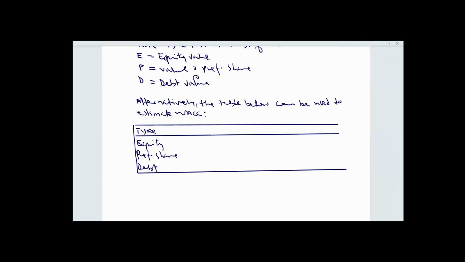Then we have the value of each security. This value could be market value or book value, depending on the information available or what the examiner wants you to use.